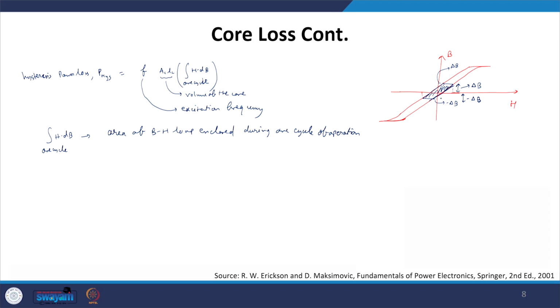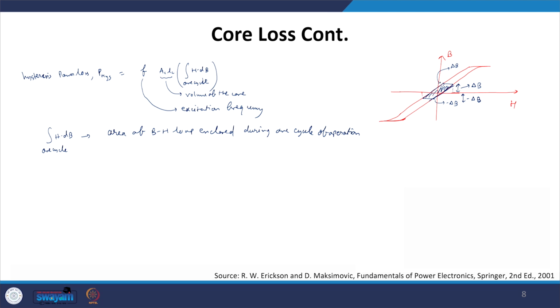When the magnetic field is going in one direction, our flux density goes in this direction and reaches the point given as delta B, where delta B is the peak value of the AC component of magnetic flux density in one direction.